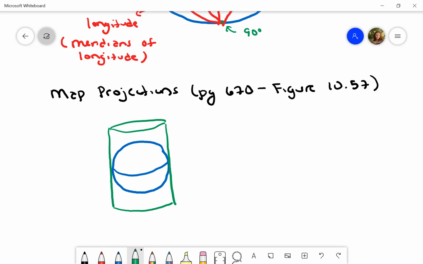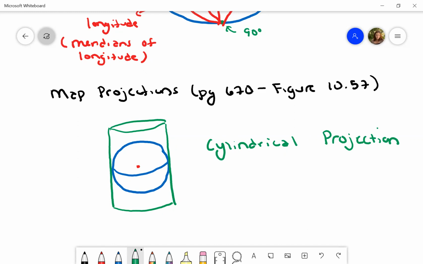Almost like putting a light bulb at the center of the Earth and projecting it onto a cylindrical projection. And if you were to unfold that cylindrical projection, it would form what we're used to seeing as the rectangle of the map.